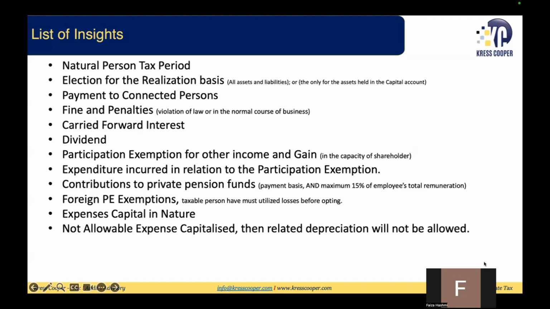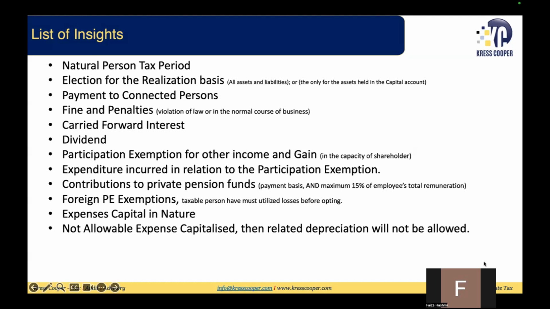This is option one. Or they can opt only for the assets held in the capital account, and then they will not be opting for the assets under the revenue account. Whatever option they take, it will be irrevocable unless there are special circumstances and approval has been granted by the FTA.